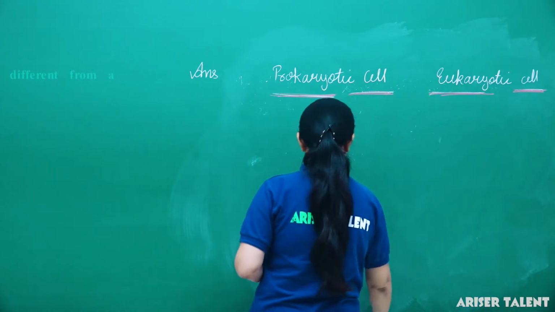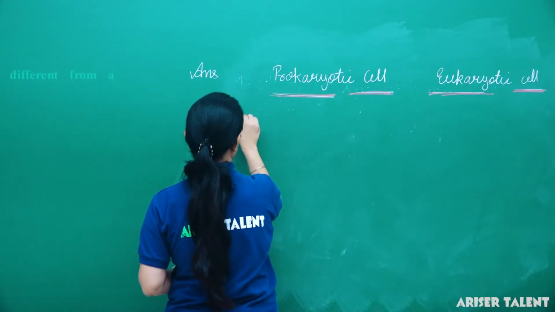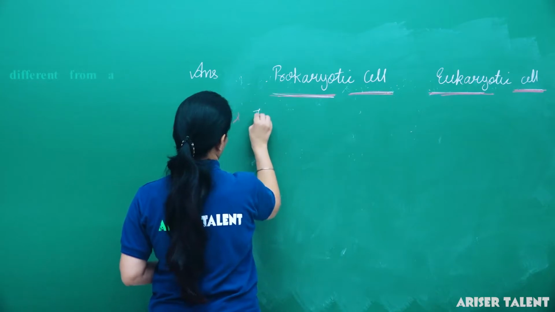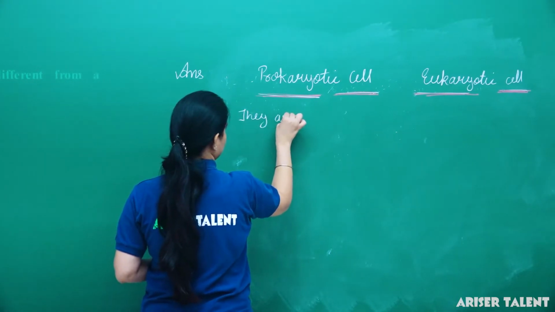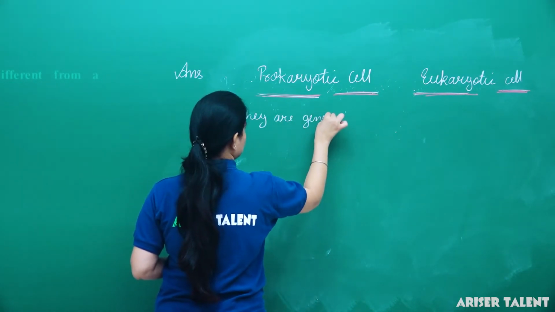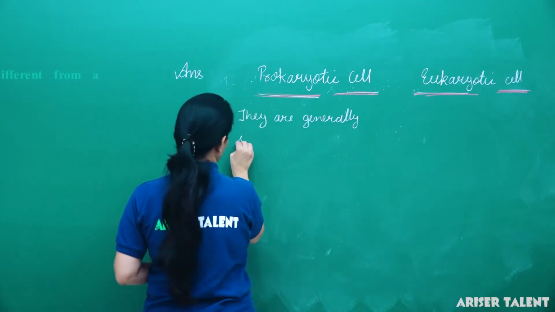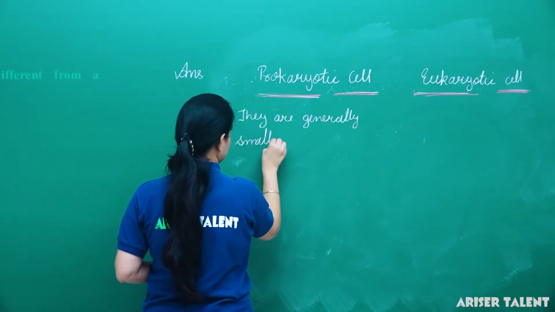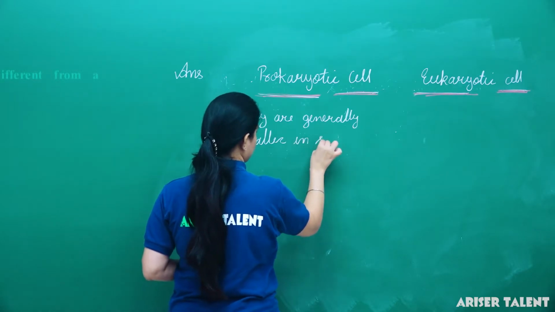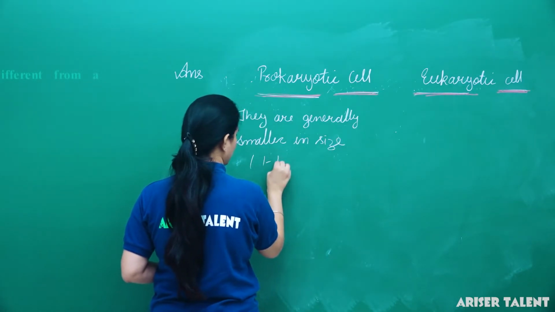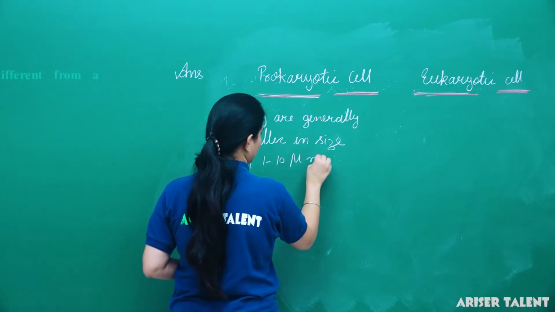So we can mention that prokaryotic cells are generally smaller in size. And what is the size? Generally 1 to 10 micrometer.